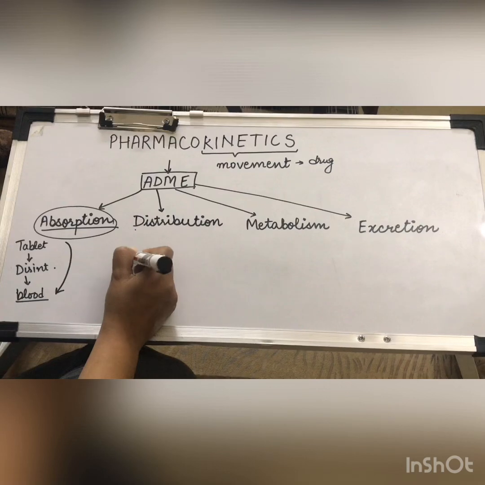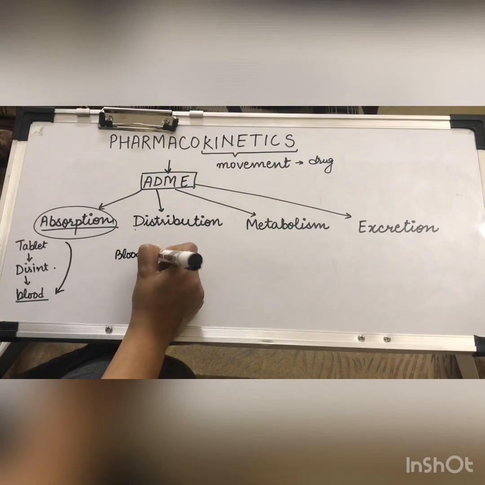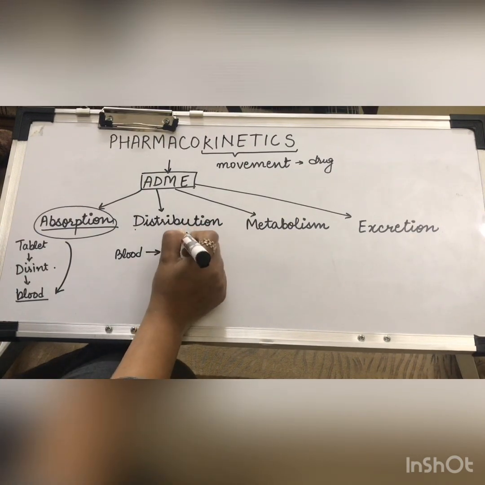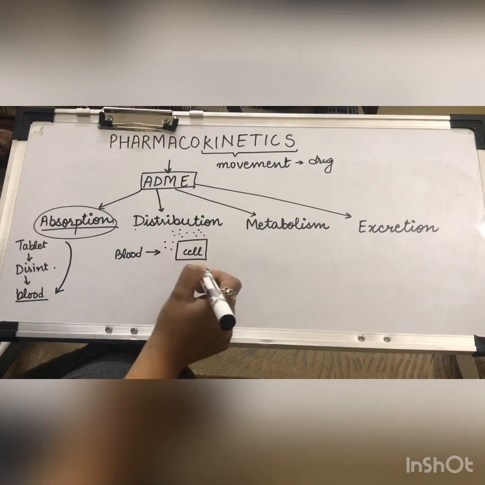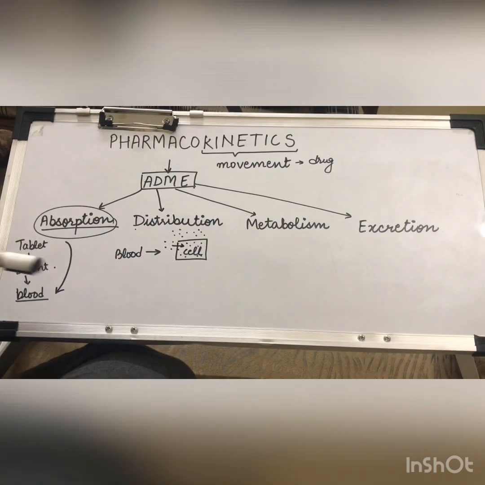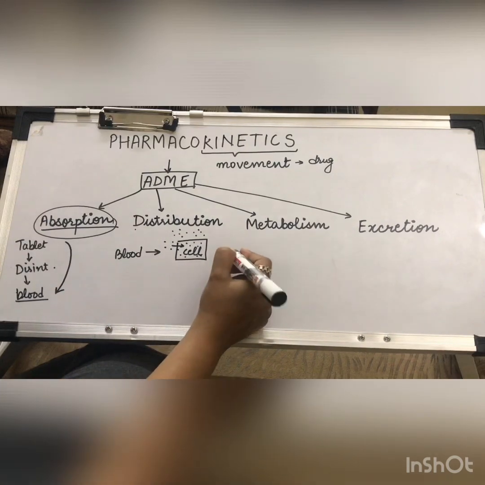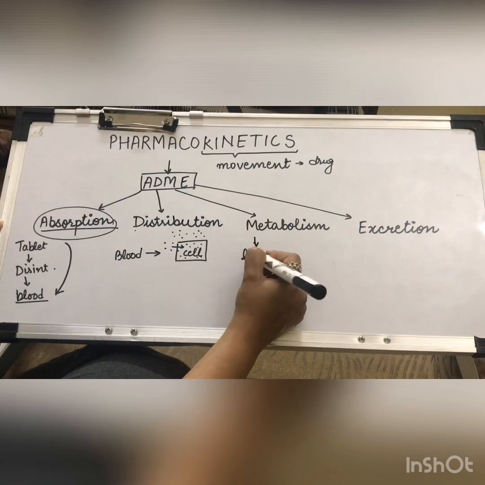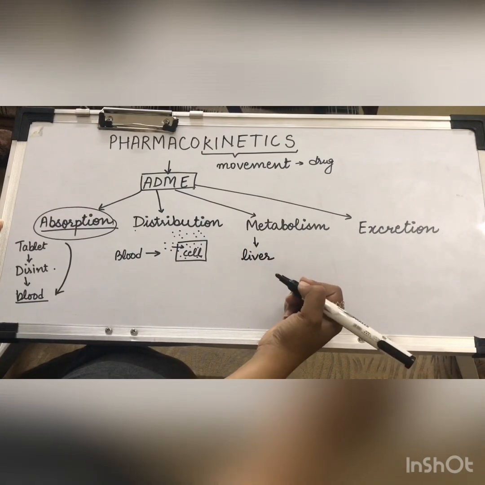Once absorption has taken place and the drug has reached the blood, what is going to happen? From the blood, the drug will be distributed into the cell, in the fluid outside the cell and in the fluid inside the cell. After distribution, it is going to get metabolized, and the primary site for metabolism is the liver.